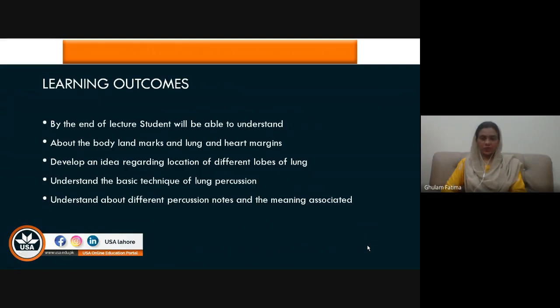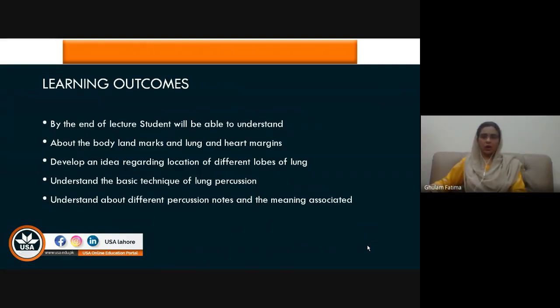These are very basic techniques that are required to perform an efficient lung, cardiopulmonary and chest examination. After understanding the basic technique of performing lung percussion, it is equally crucial to understand the different percussion notes and the meaning associated with them.